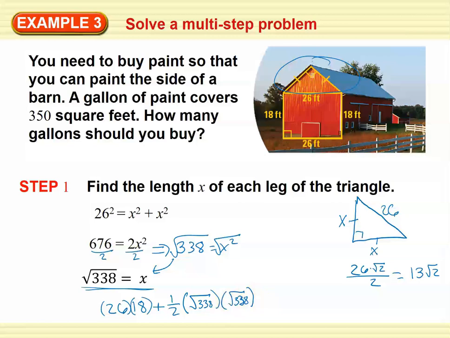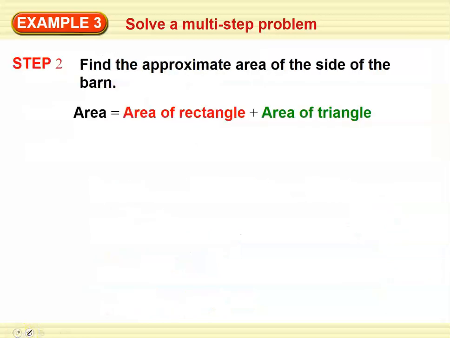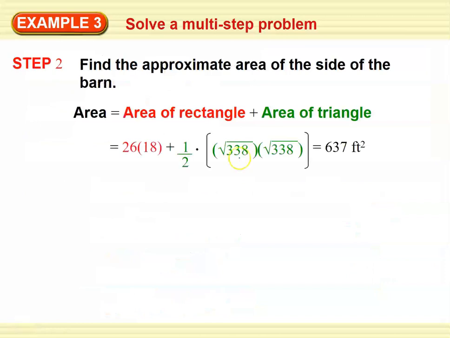That's fine. Now, this is why I went ahead and left it as a square root, because when you multiply a square root by itself, if you type it into your calculator, that's fine. It's the same thing as saying the square root of 338 squared, and when you square a square root, it goes away. So this right here ends up just being half of 338.